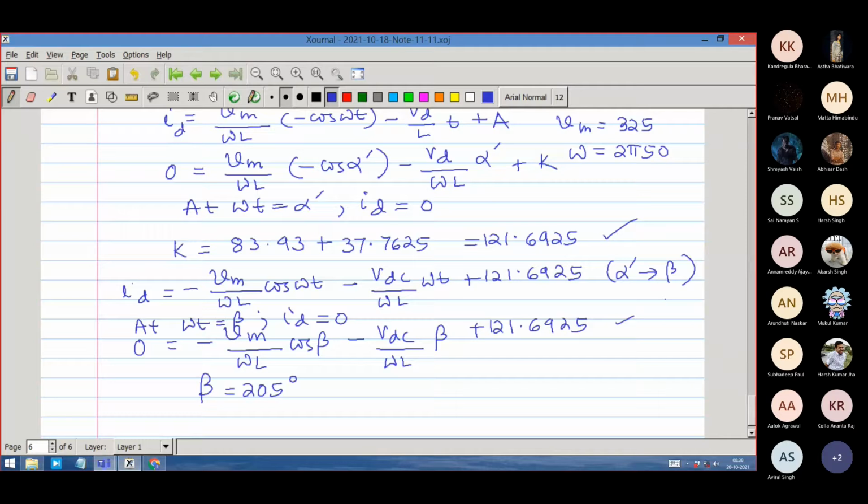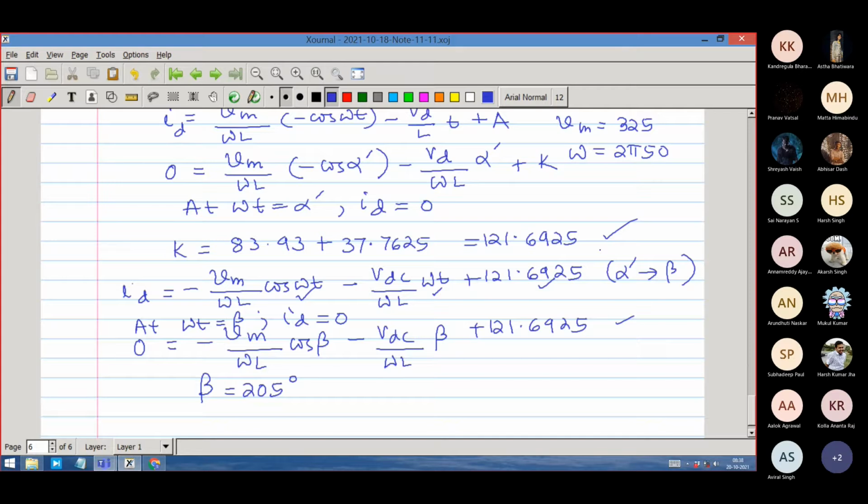But it has not given us the full feeling of the current. The current waveform, you see there is a cosine function, this is a time function, and there is a constant, a very complicated current waveform. It has one cosine part and one this part and that part, and that is only curtailed between alpha dash and beta.